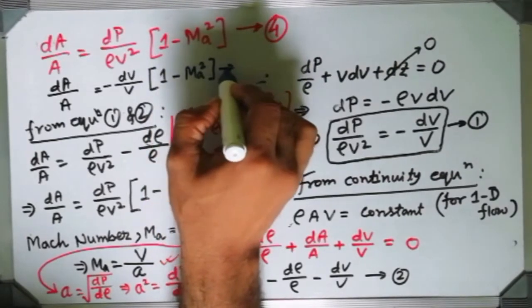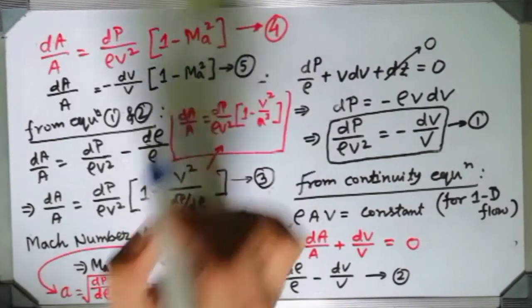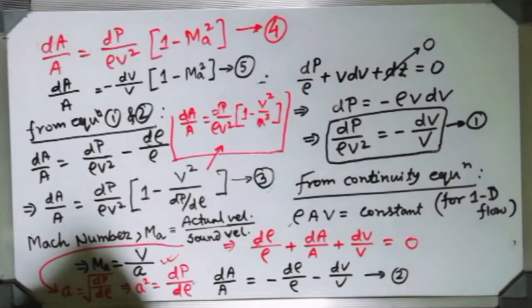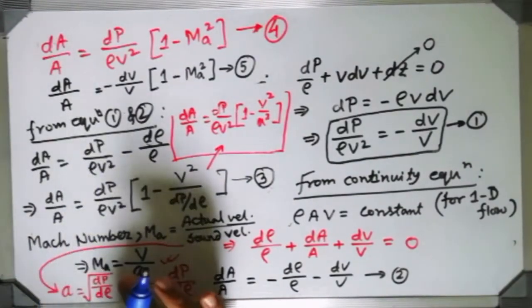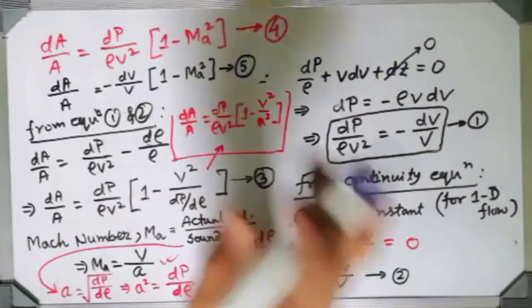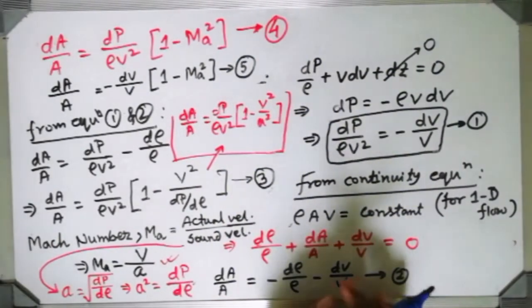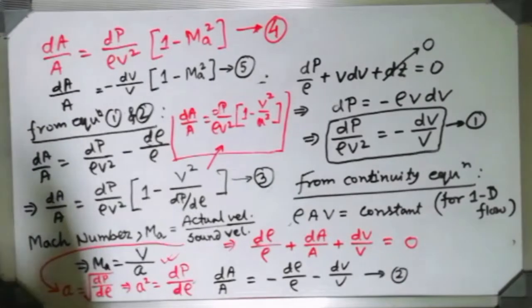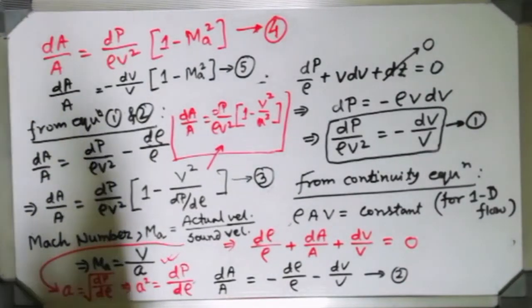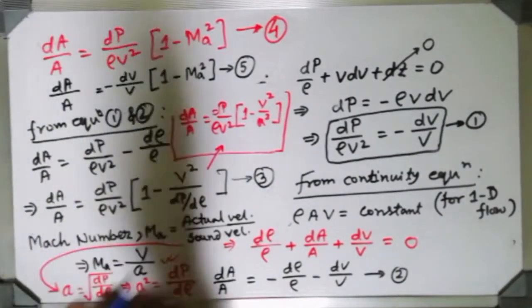Name this equation number 5. Don't get confused by this 1, 2, 3, 4, 5, lots of equations are there. But actually numbering is being done just to make the process easy, nothing else. We need the outcome. The outcome is this one and this one.